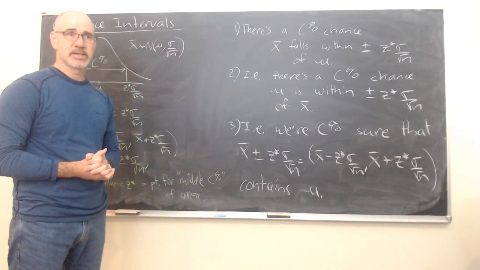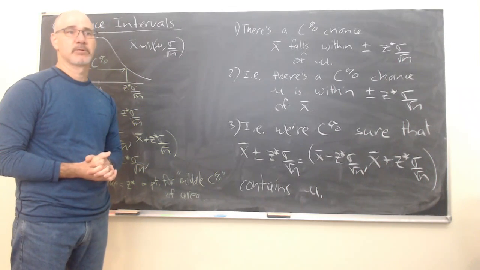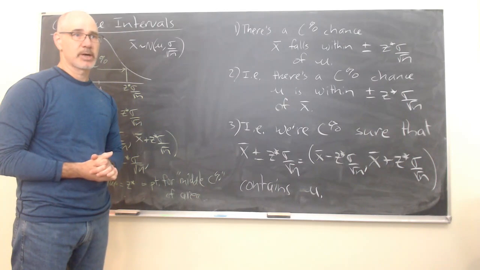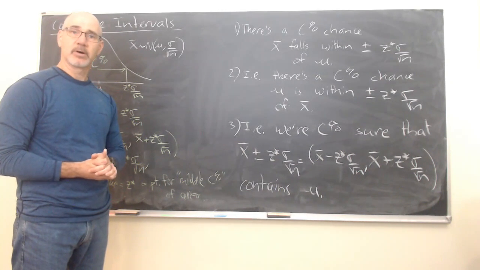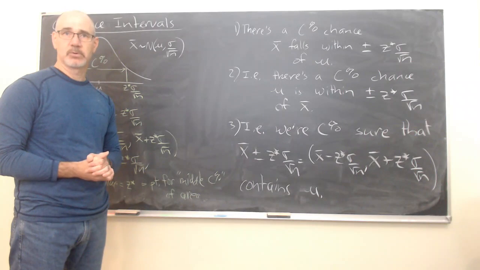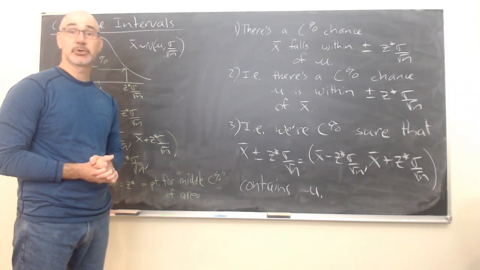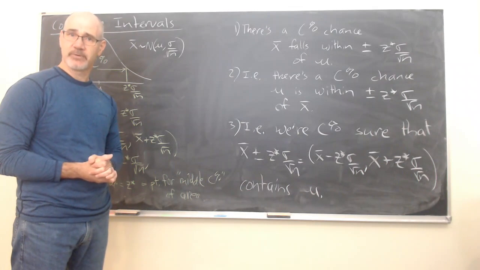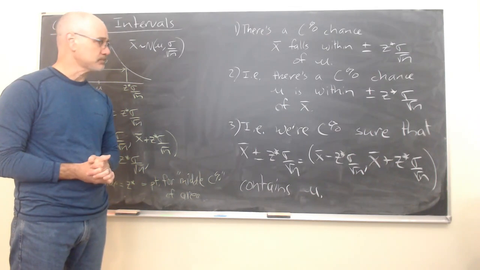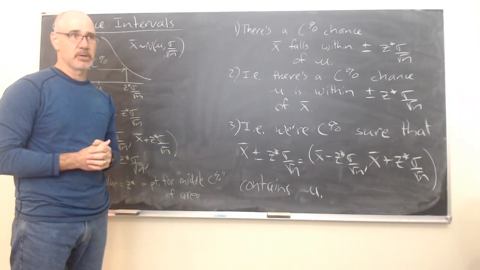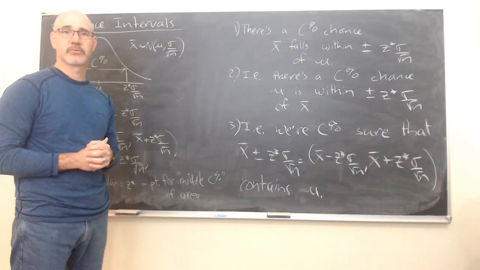And the language that statistics uses for such an estimate is to describe both how far away we think our sample mean is from mu and how sure we are that it's about that far away from mu. We put those two pieces together in what's called a confidence interval for mu.